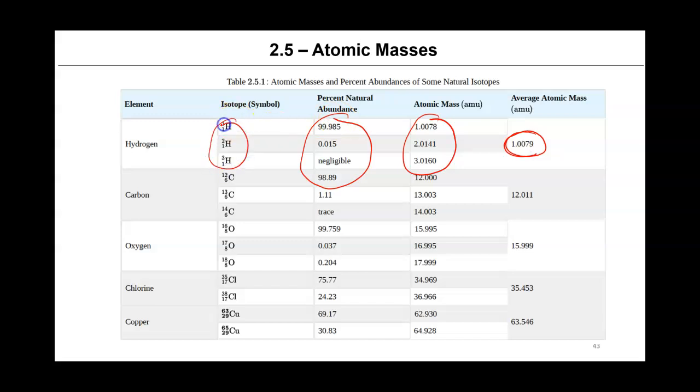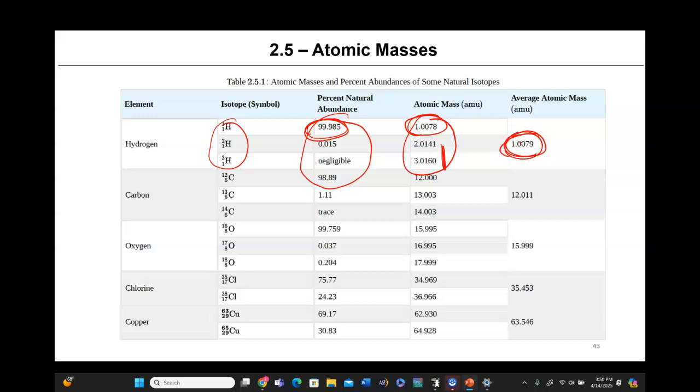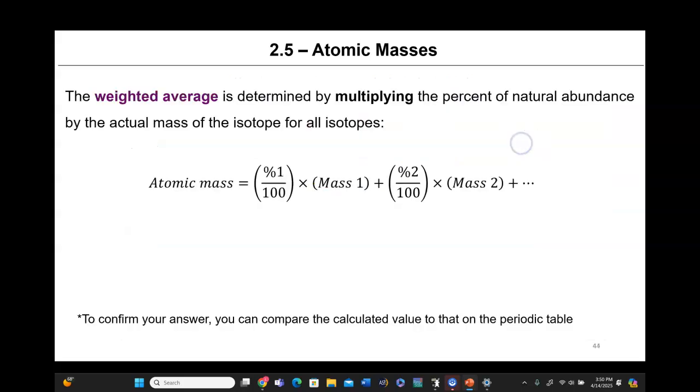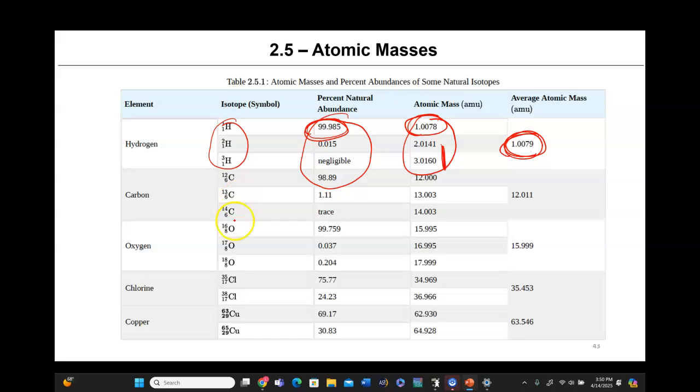So for our three isotopes of hydrogen, 99.99% of the isotopes have atomic mass of 1.0078, and then there are a few heavier ones, so it makes sense that our average atomic mass is near 1.0078. If I go to oxygen, we can see that there are three isotopes.